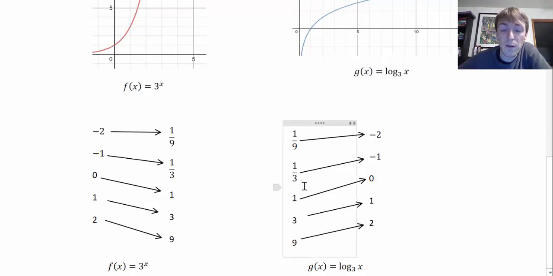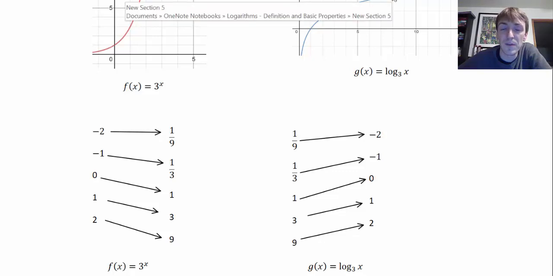When I plug in 1/3, I get out -1, and so on, right? So we're seeing 2 different representations, and I think this second representation makes it a little bit clearer what's happening. They're both getting at that inverse idea that we're switching the inputs and outputs. Okay, so now let's see that formal definition and actually compute some examples of this.